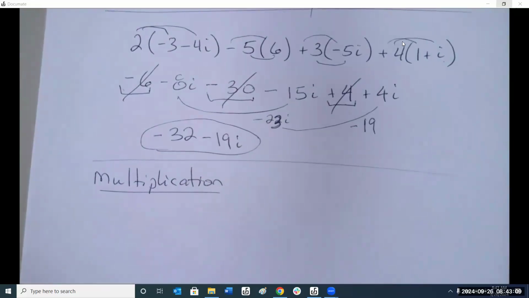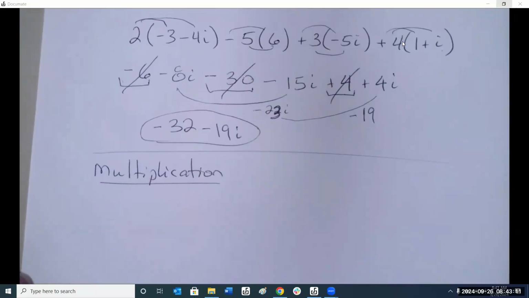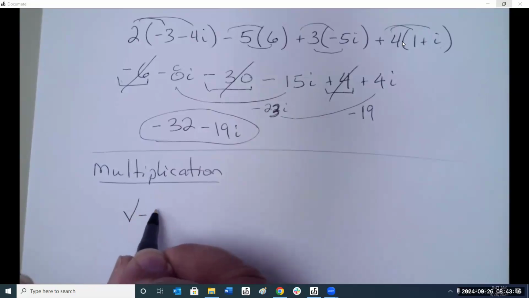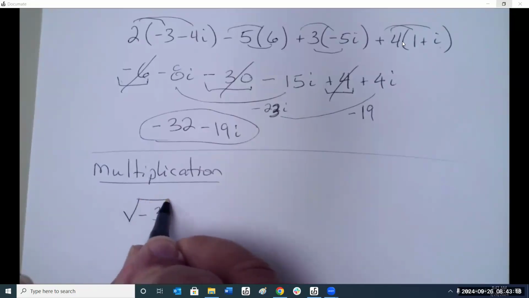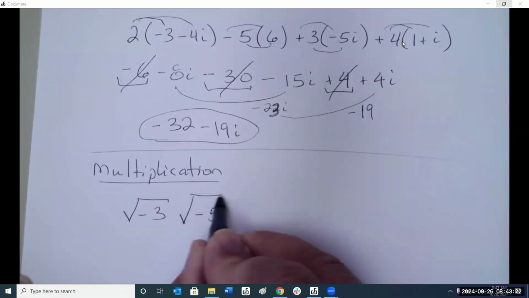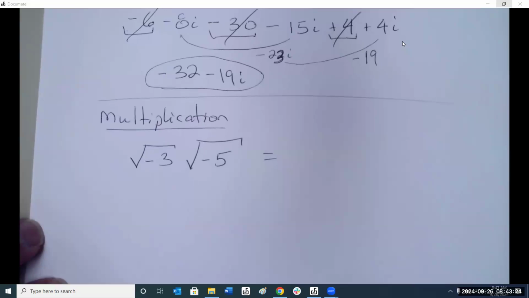Now comes a change of the rules. If I gave you square root of negative 3 times square root of negative 5, what would that equal?